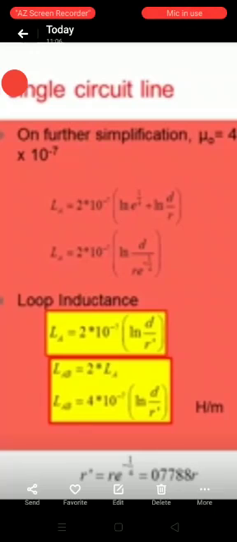If you observe the second expression, in the first expression we used natural logarithm d divided by r, the direct radius. But actually we need to consider the effective radius for the inductance calculation. This is because of the concept of the skin effect that we have already discussed. What do you mean by skin effect?